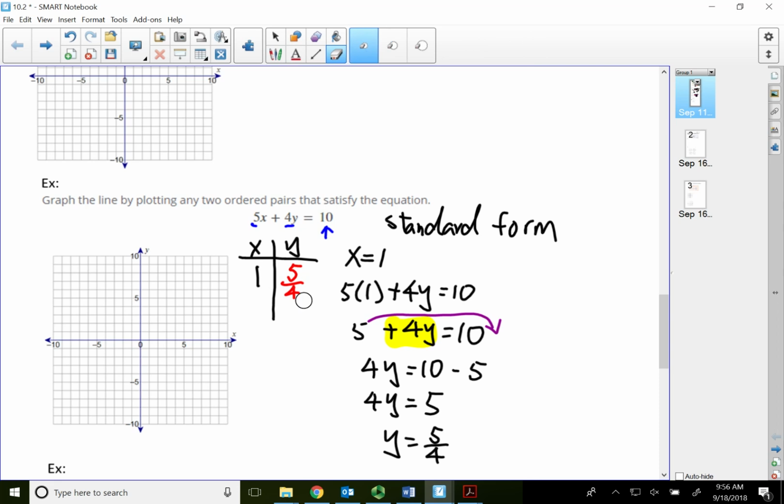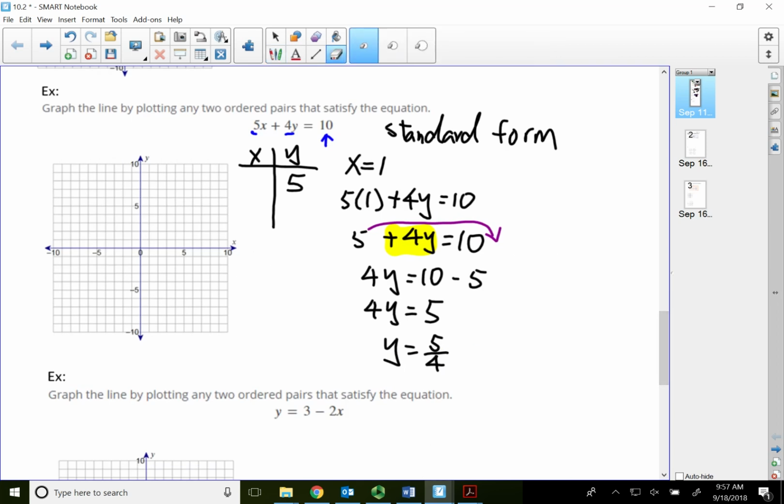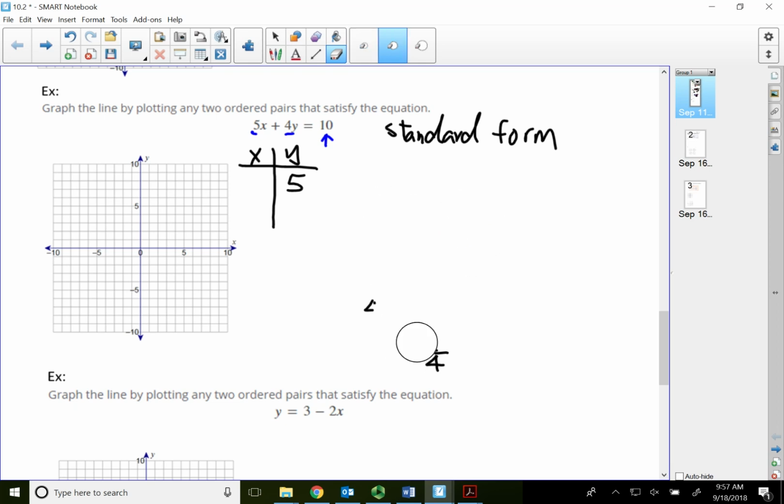That means the first number I want to choose for y is 5 itself, because I want a number that 5 can go into. So 5 can go into 5. All right, let me erase this real quick. Since the number in front of x can go into 10, my variable choosing, step number 1, choosing a number for x or y, I will end up choosing for y.